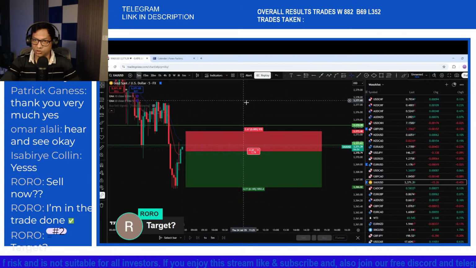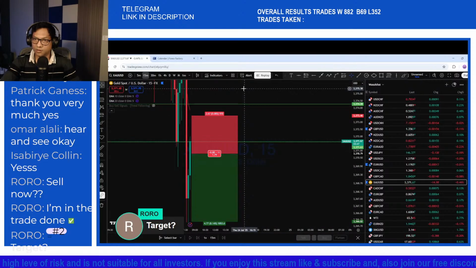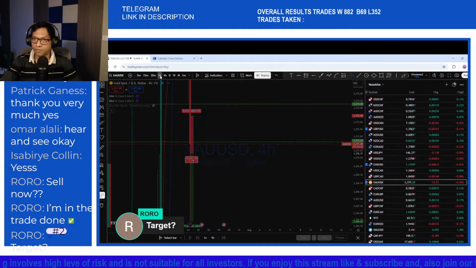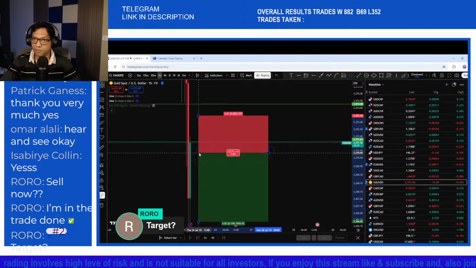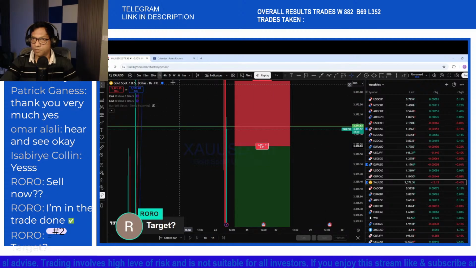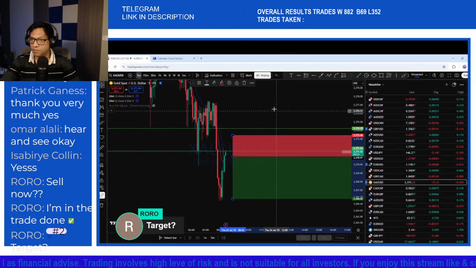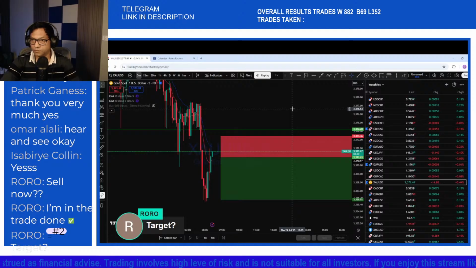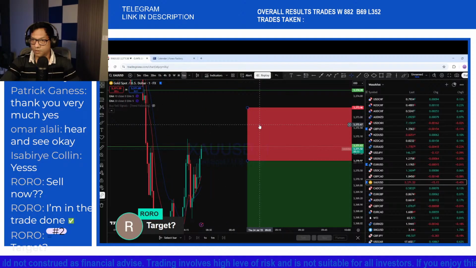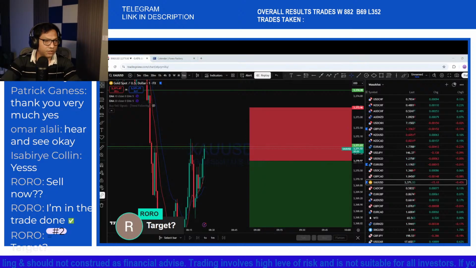The previous one was a doji, and this one is trying to break that high here. Waiting for a potential movement in this area.